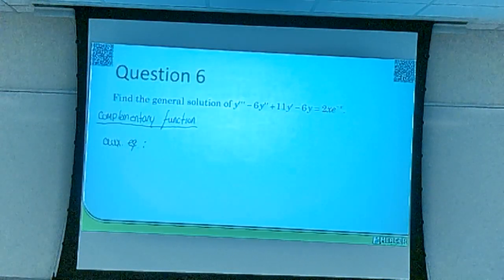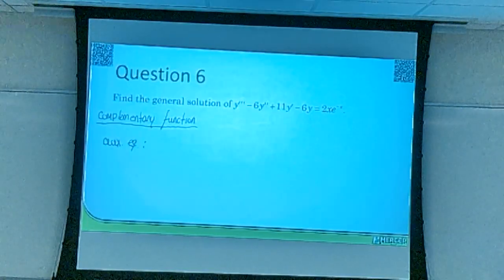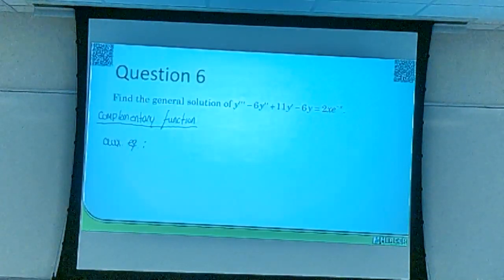I wouldn't use Y. R. R, I think is what the textbook uses. And then minus 6R squared, plus 11R minus 6, equals 0. Just equals 0 for the auxiliary.